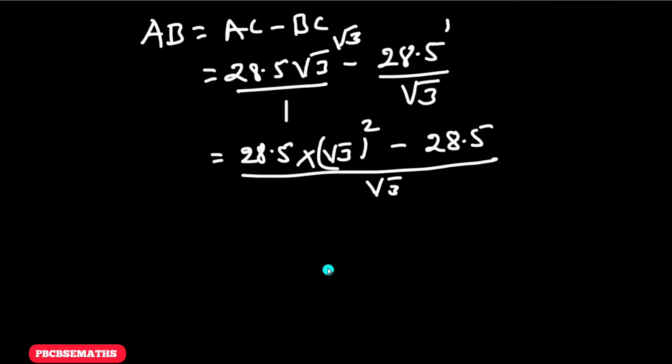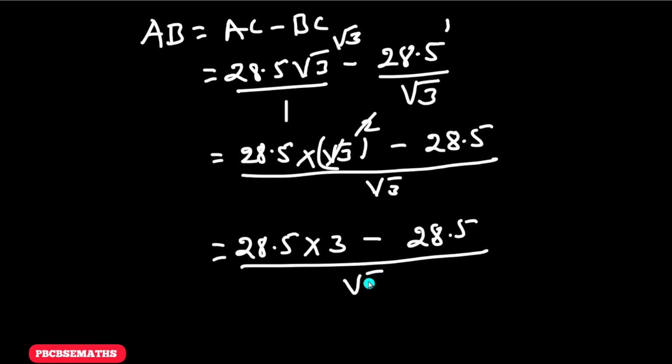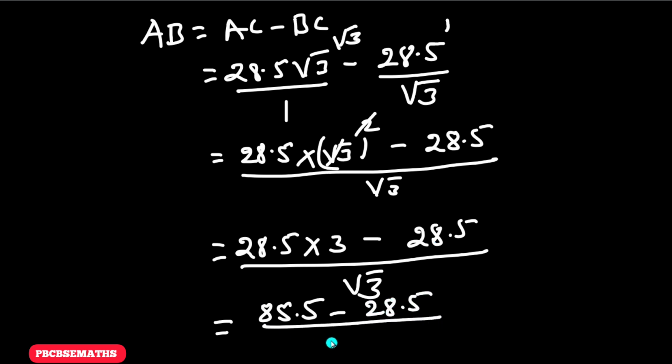Here we can cancel the square and root. Then we have 28.5 into 3 minus 28.5, divided by root 3. 28.5 into 3 gives us 85.5, minus 28.5, whole divided by root 3, which is equal to 57 by root 3.